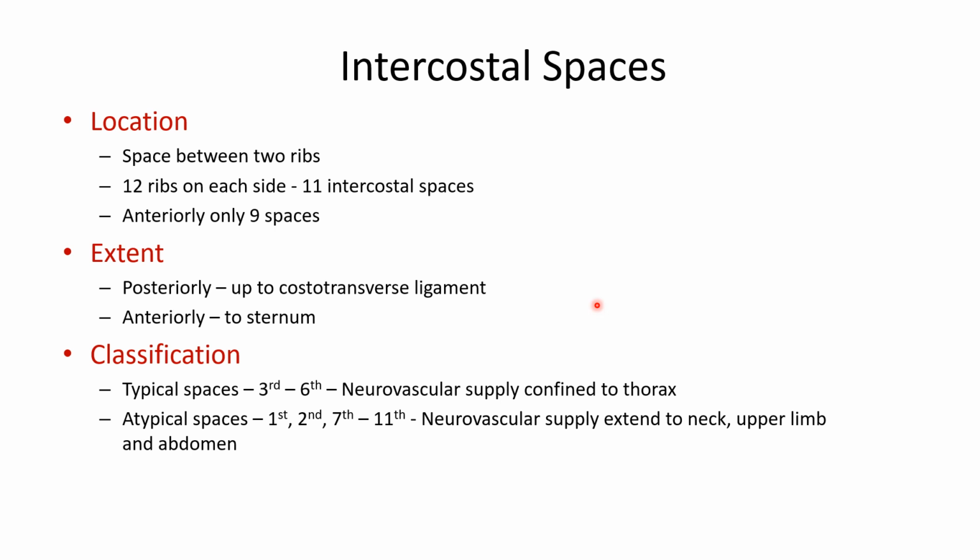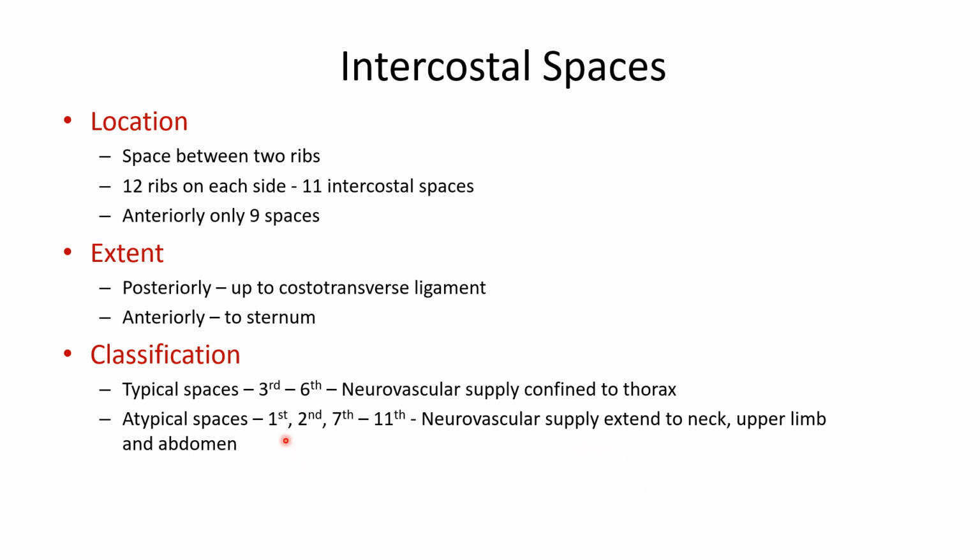The intercostal spaces can be classified into typical and atypical spaces. The 3rd to 6th spaces are typical spaces, as the neurovascular supply in these spaces is confined to the thorax. The others are atypical spaces.